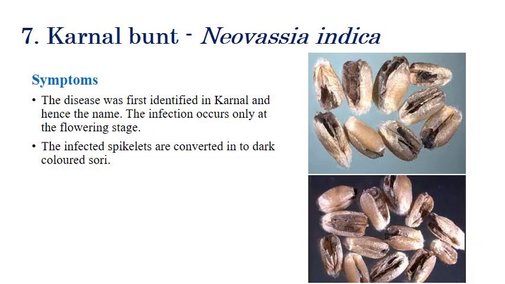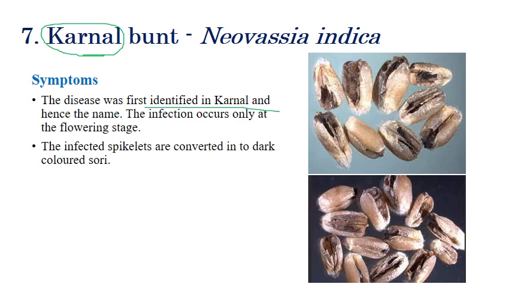And coming to the karnal bunt, a very important pathogen. This Neovossia was named by B.B. Mundkur, who is considered the father of Indian plant pathology. This disease was first reported in the Karnal district, and I think that's why it is named karnal bunt, which is caused by Neovossia indica.